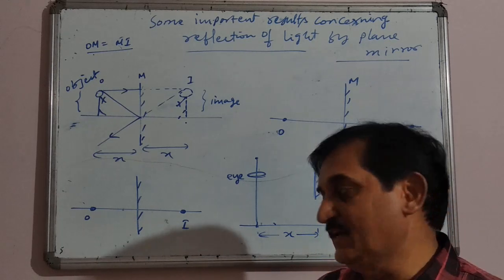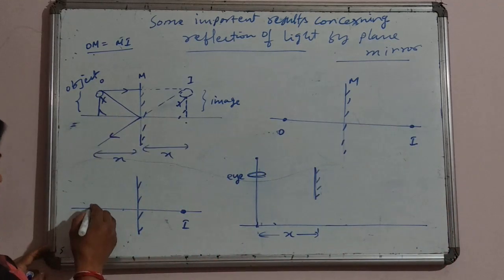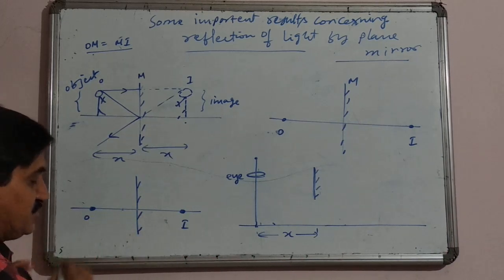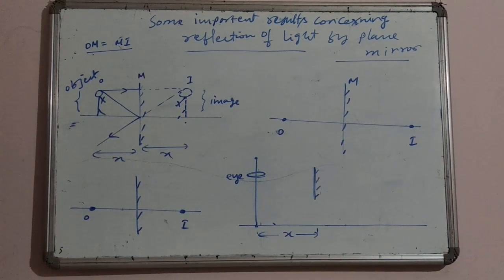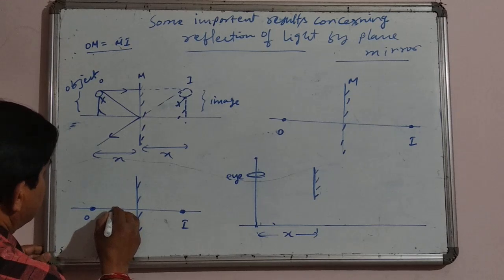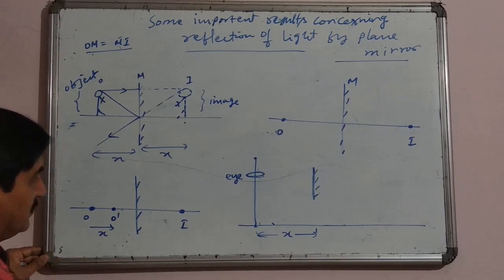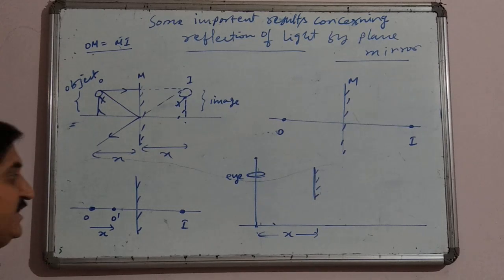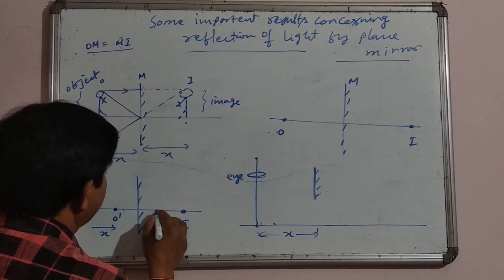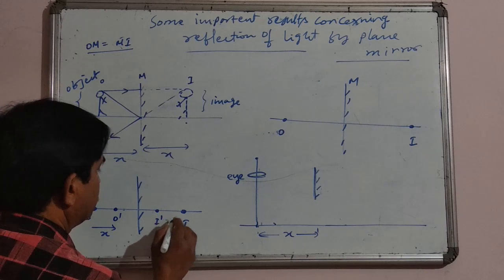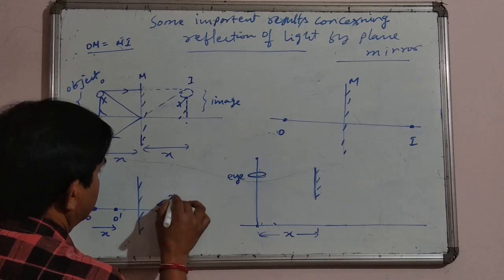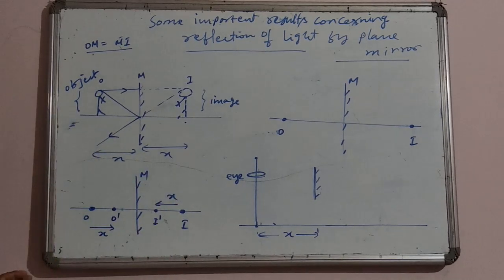I repeat once again. If the object is moving towards or away from the plane mirror by x, say, its corresponding image will also shift by the same amount. We can prove it. Very simple.